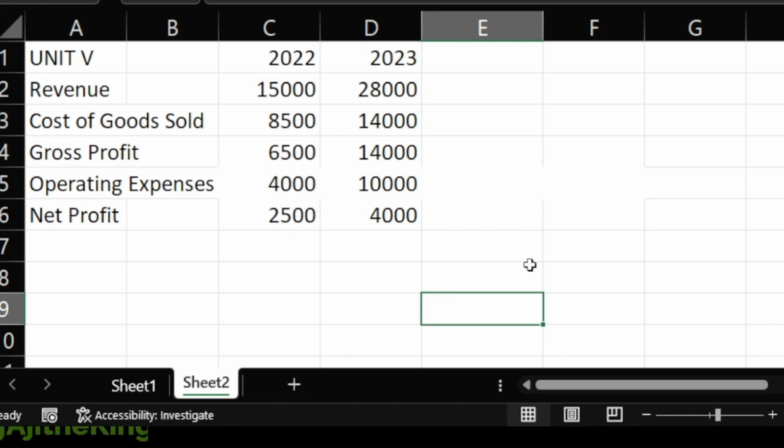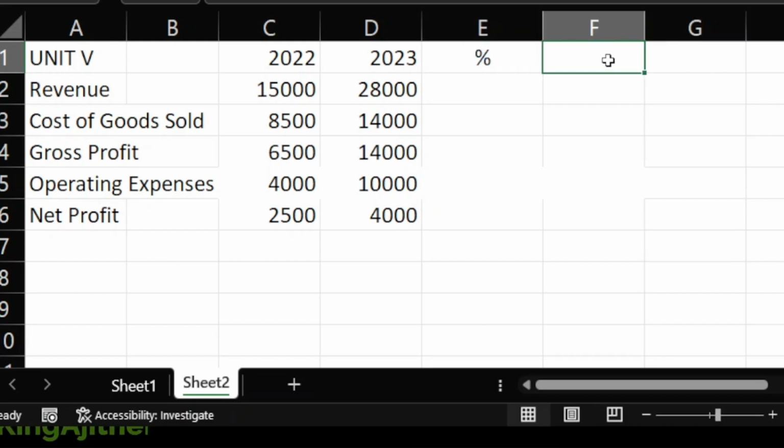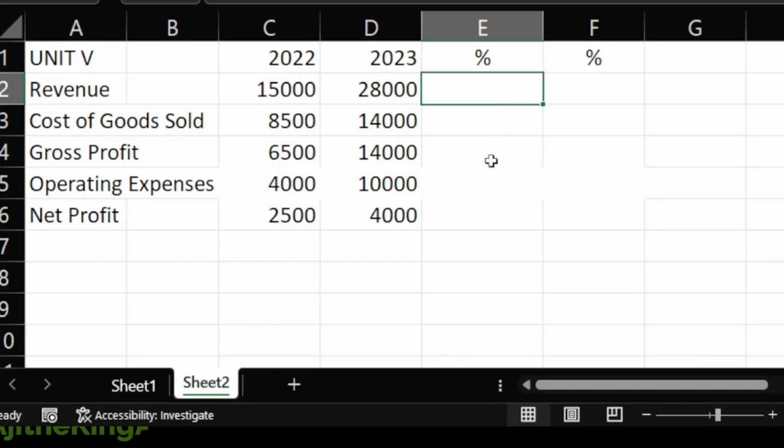How to make it a common size? We will make it percentage, for 2022 percentage and 2023 percentage.